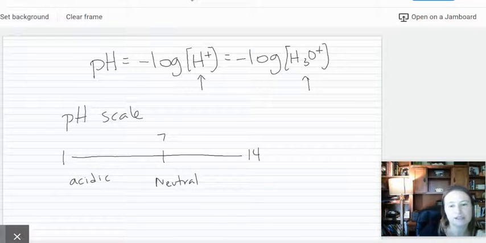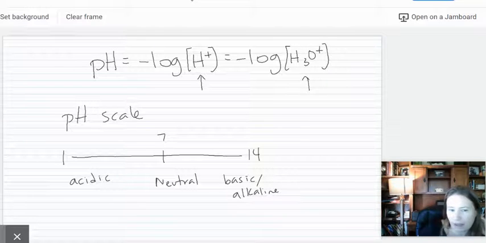Anything higher than 7 is basic. Another word for basic is alkaline. It's the same thing, that's just an older term. This means on the left, you have a high concentration of H plus, and on this side, you have a high concentration of OH minus. Okay, so that's the pH scale.